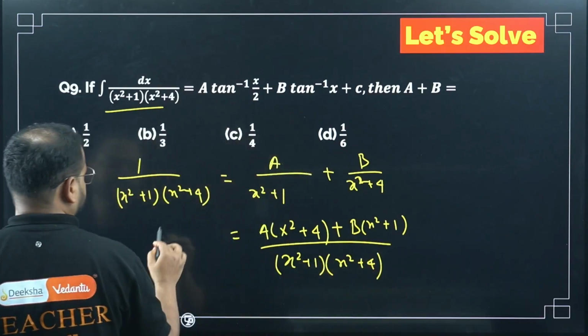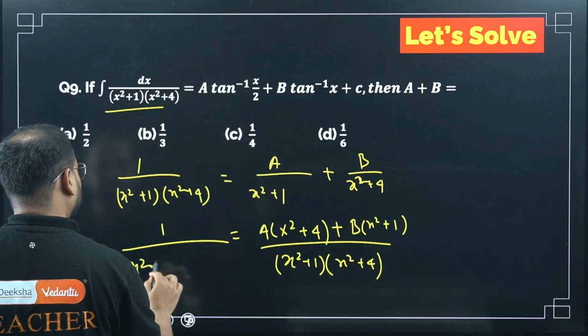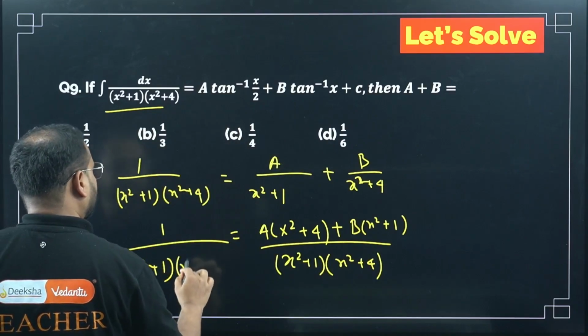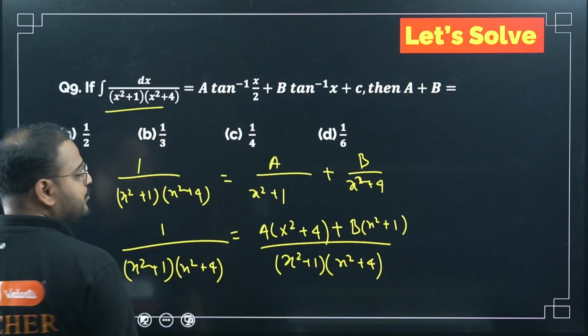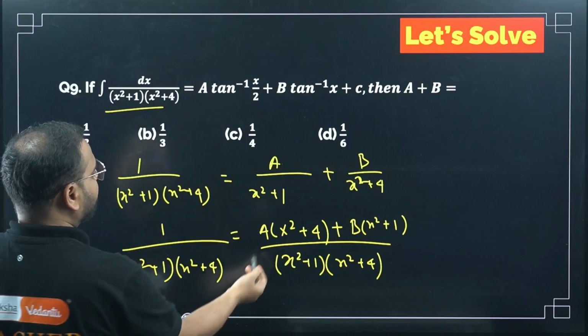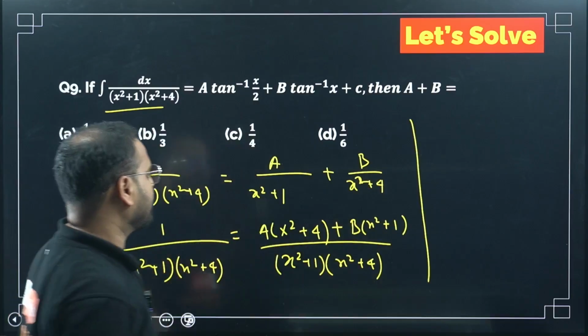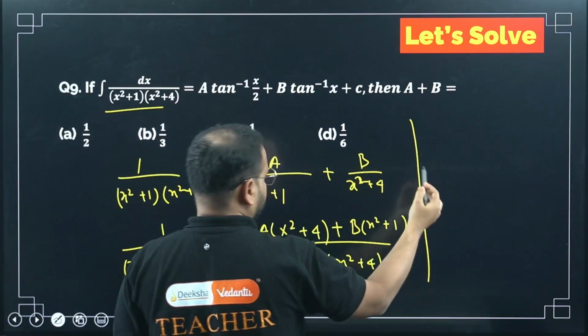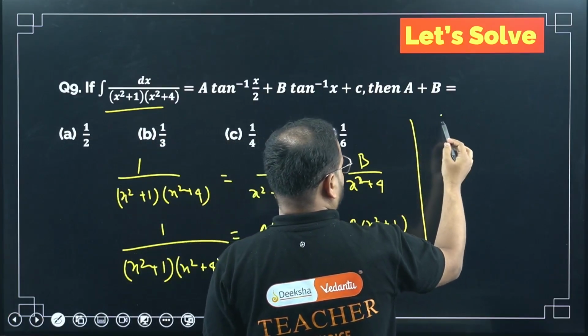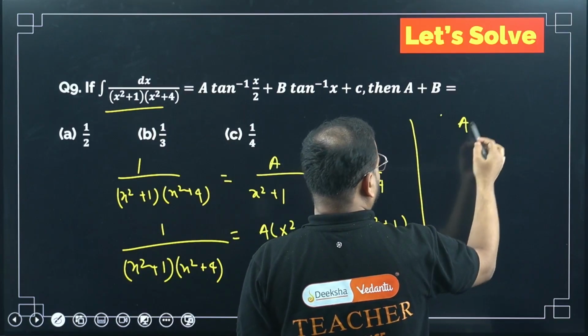Am I right? Now if you compare only the x square coefficients, I'm writing only the RHS part.